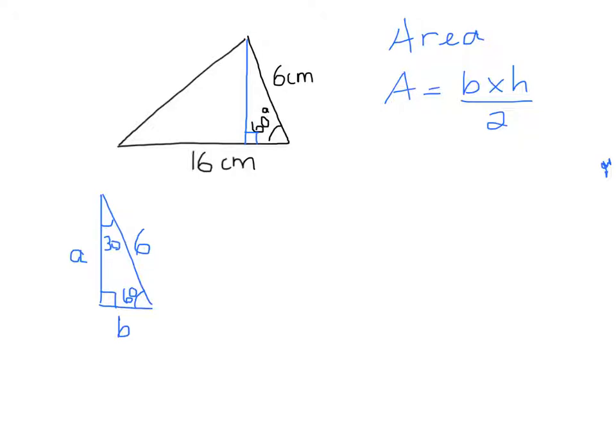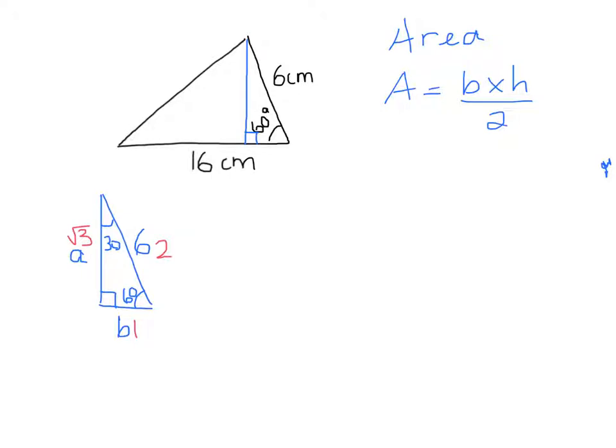Okay, so let's think about the ratios that we know in a 30, 60, 90 triangle. So 1 will be opposite the smallest angle. 2 will be opposite the largest angle, and root 3 is the other one opposite the 60 degrees.